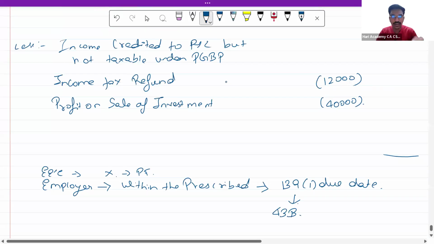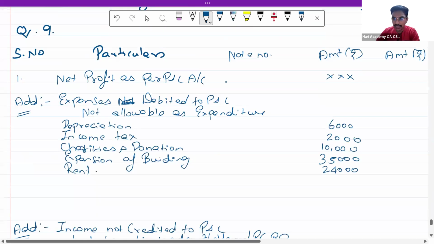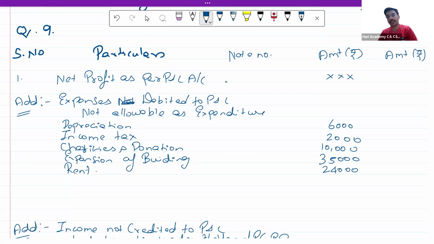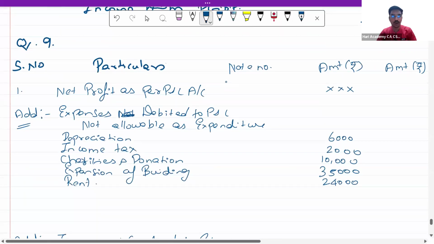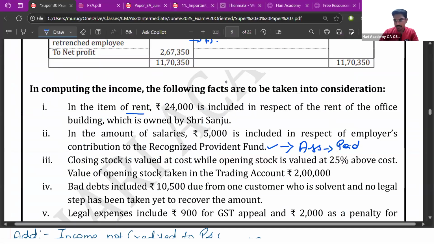What you have to do is, for a PGBP question, whatever amount is being added or subtracted, everything should come in notes. So I'm not putting those notes here for want of time, but you have to explain for each and every item why this is being added or why this is being subtracted. Okay. So just to give you an idea of how this format entirely works, you remember the concept of BRS.